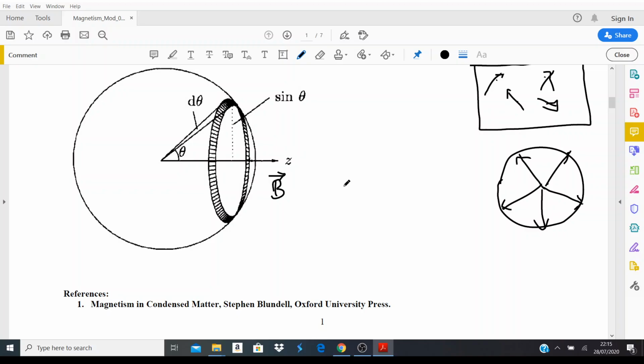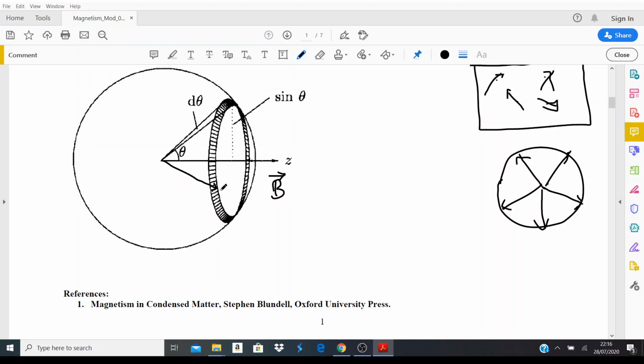Now let us assume some annulus over this sphere. One thing to point out is that any magnetic dipole moments which lie in this ring make an angle theta with the z-axis. So let's say we have some moment mu, which is a vector, pointing in this direction.